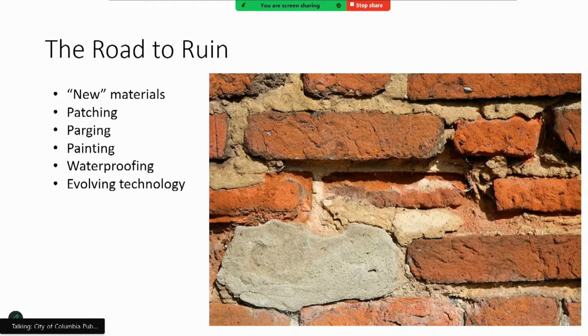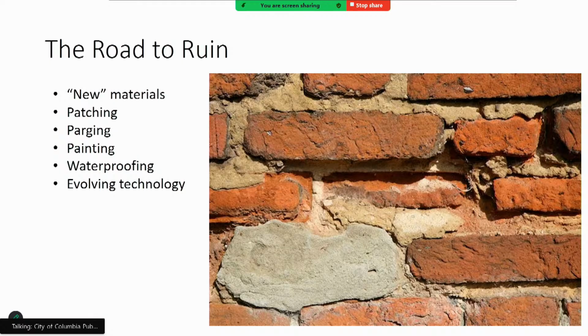And, you know, it's great, whatever. And then 50 years later, all that's left is that little piece of parged exterior coating, and all the brick behind it is crumbled away. So that's kind of extreme, but we do see things like that.